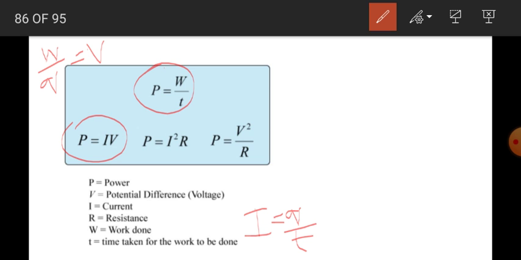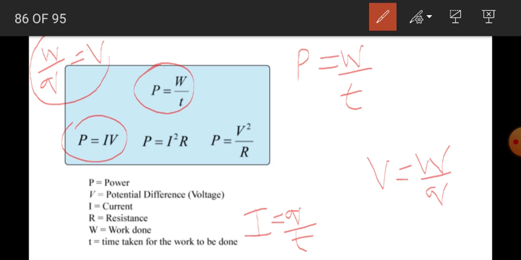Power is work done per unit time. Now I'm going to replace W over there. What is the formula for potential? Work done per unit charge, right? From here I will get W, and I will replace W over there.